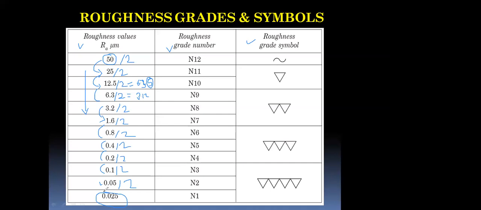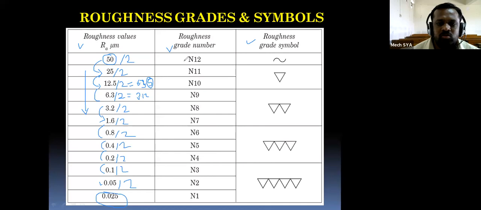Then how to remember, or how to write, the grade? Simple. Our surface roughness grade starts from N12, for that 50 micron. For 50 micron, what is the surface roughness grade?